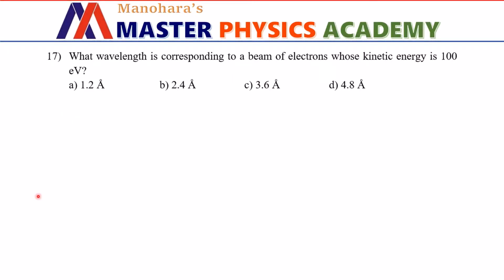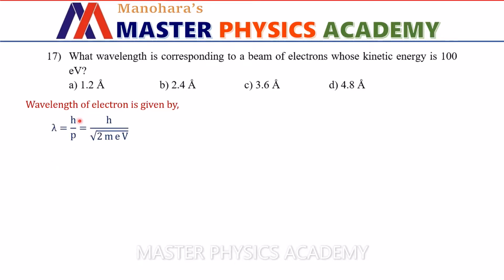What wavelength is corresponding to a beam of electrons whose kinetic energy is 100 electron volt? We have the wavelength of an electron given by lambda equals Planck's constant divided by the linear momentum of the electron.